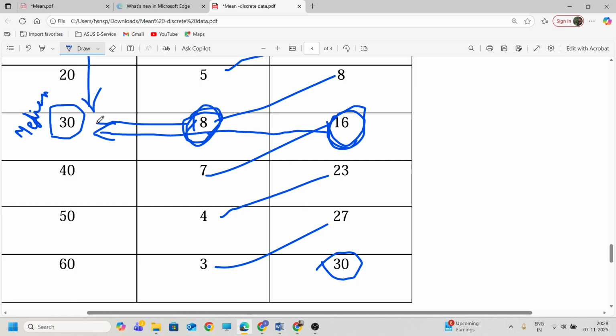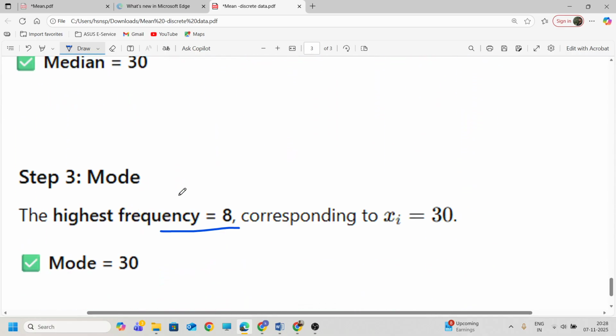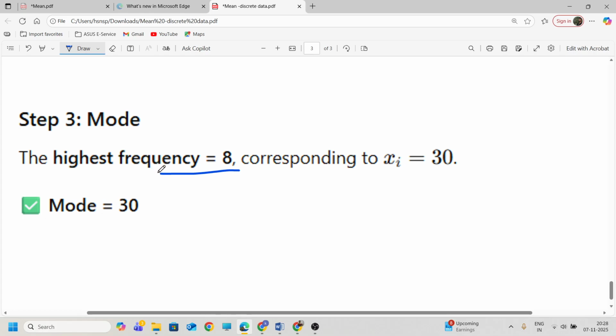The corresponding data is called the mode. So here median and mode are both the same for this problem. Not for every problem. In this problem, median and mode are both the same. Here 30 is the mode. The maximum frequency is 8. The corresponding data for 8 is 30. So therefore the mode is 30.